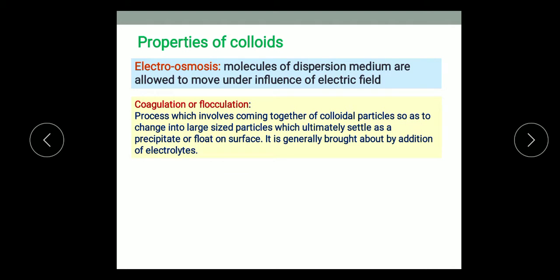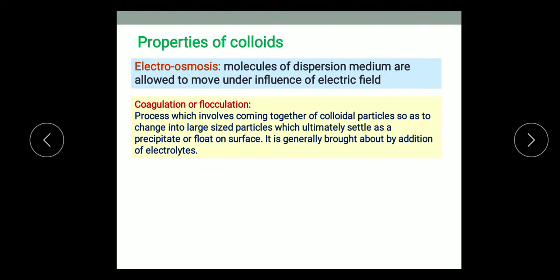Then we next come to coagulation or flocculation. Now you know that because of similar charge on colloidal particles, they remain suspended, dispersed, and do not form clumps or coagulate. But if we remove this charge, then what will happen? These particles will come close and form clumps or coagulate.